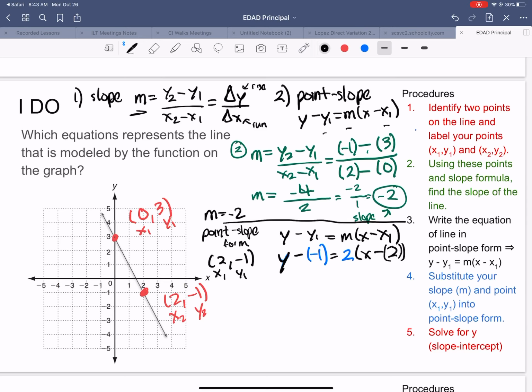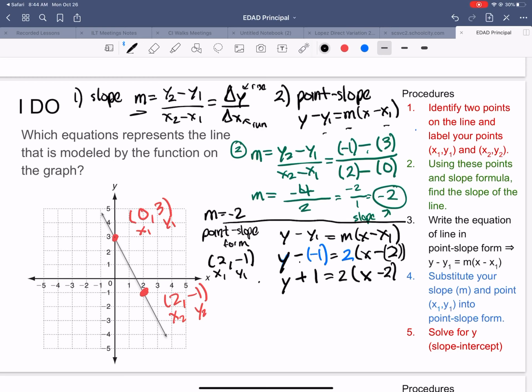Now from here, you will need to simplify, and what I mean by simplifying is check to see if you have the simplest signs, which means if you're subtracting a negative, write it as a plus, and remove any unnecessary parentheses. So y minus negative 1, since it's subtracting a negative, you could rewrite that as y plus 1 is equal to negative 2 times x minus 2.